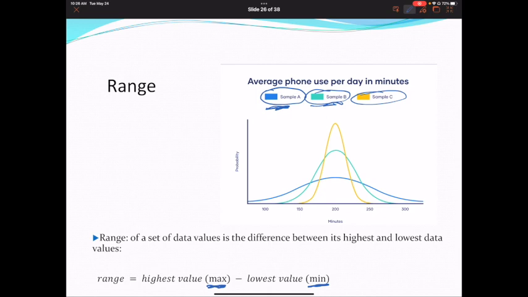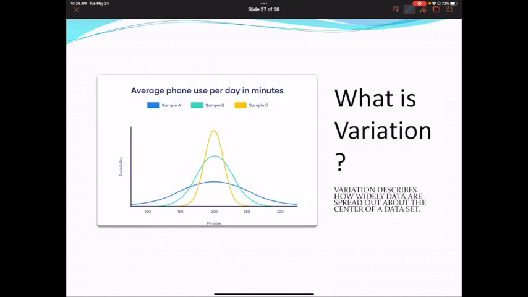And the range can tell us quite a bit about variation or how our data is spread, right? Because sample A has a wider range, we could say there's more variation in the data values than, say, sample C, which is more concentrated, has a smaller range, and therefore has less variation. Well, what is variation?